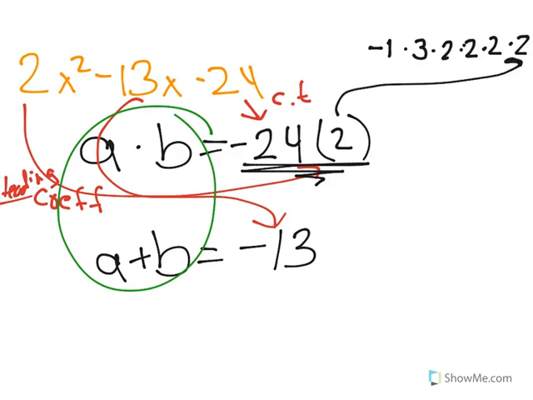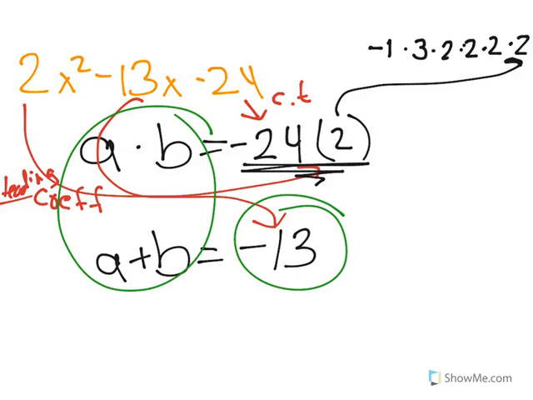We want to find a way to group them together so that when we add both numbers, we get negative 13. We know that our negative number must be bigger than our positive number. So in order to choose which of the two numbers to make negative, it must be the bigger of the two.